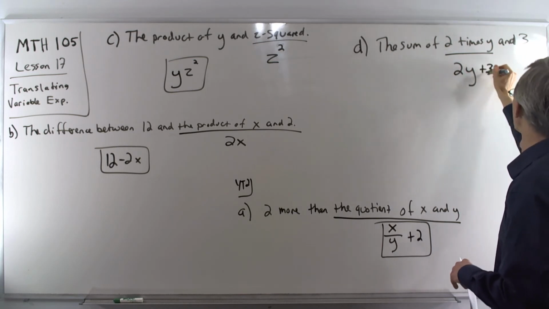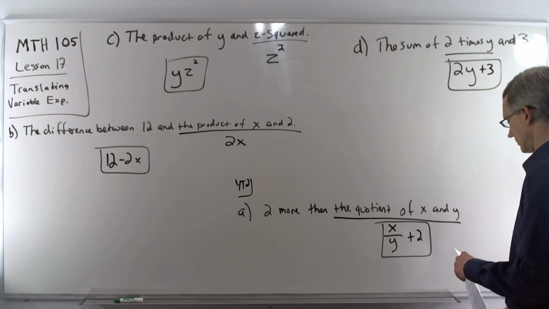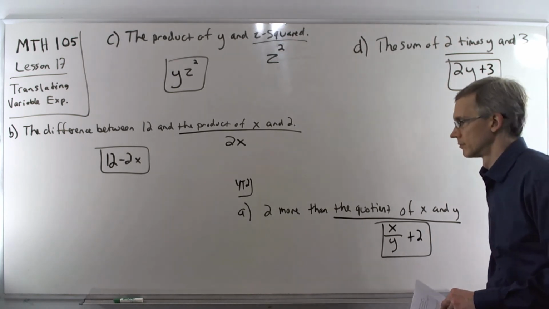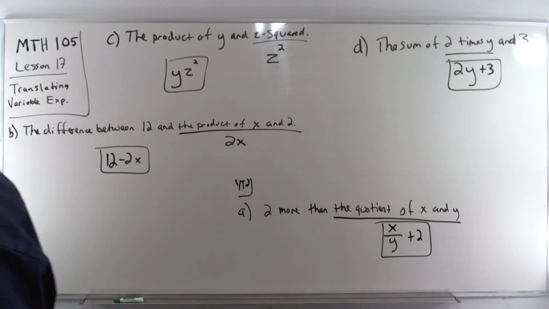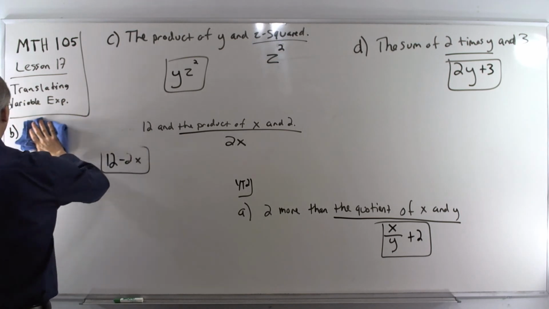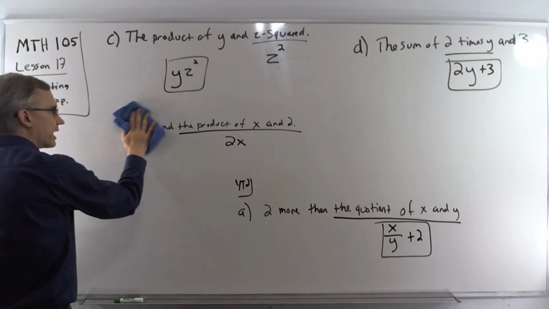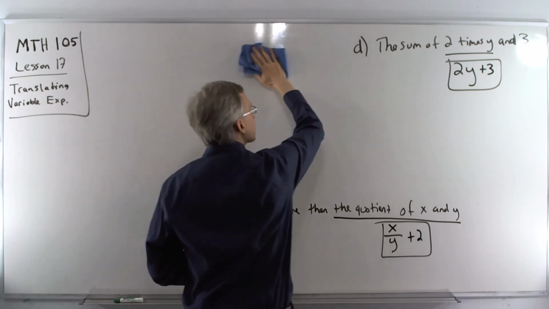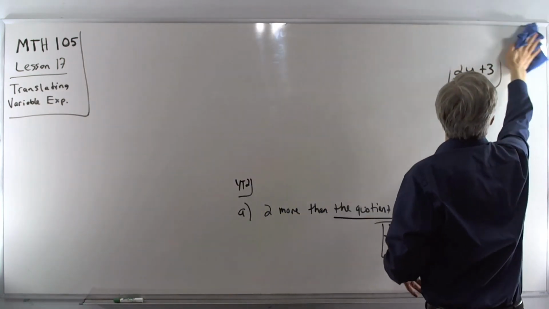So 2y plus 3. So that's the basic idea. Now we're going to look at a few special cases that come up. And the first one involves parentheses.